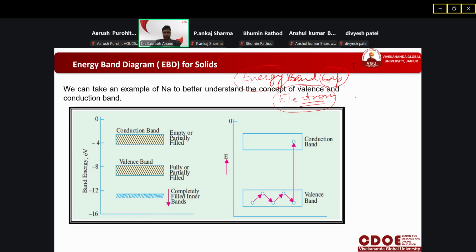If we see inside the material, there will be two bands. For any material, whether it is a conductor, insulator, or semiconductor, there will be two bands. One will be the valence band, and the second will be the conduction band.